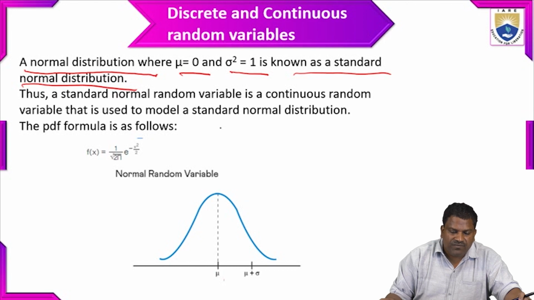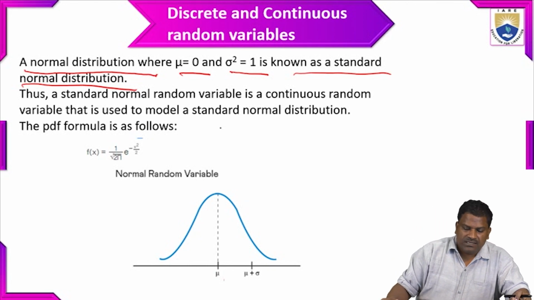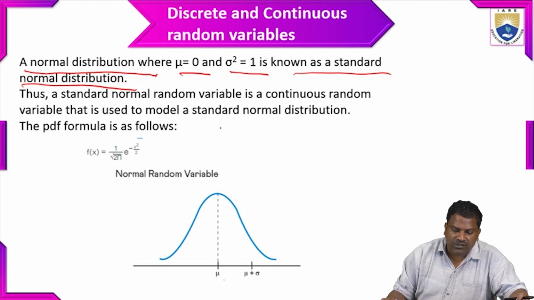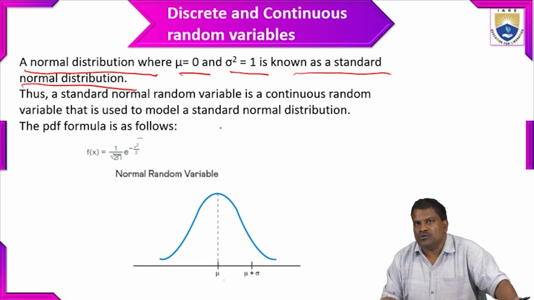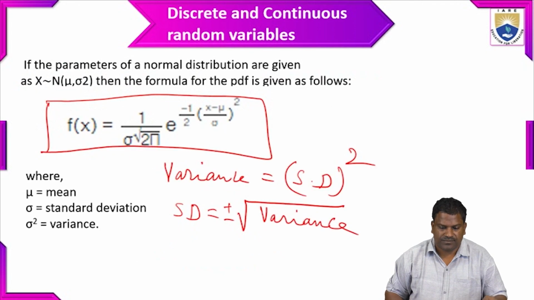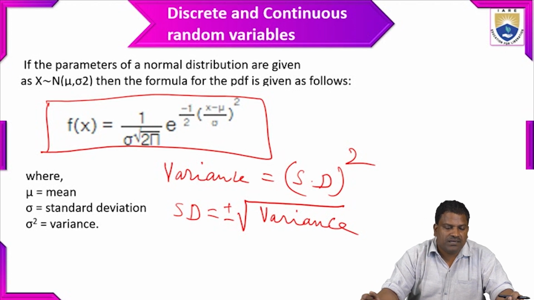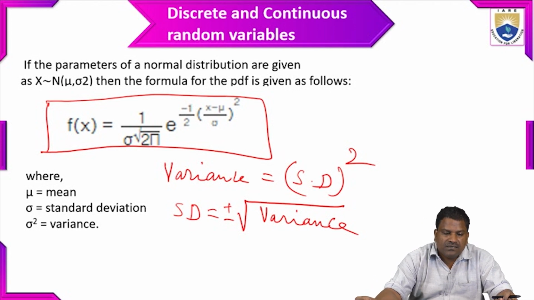The PDF formula can be described as f of x is equal to 1 by sigma into square root of 2 pi into e to the power of minus x minus mu whole square by sigma. So, the parameters of the normal distribution are given as N of mu comma sigma.